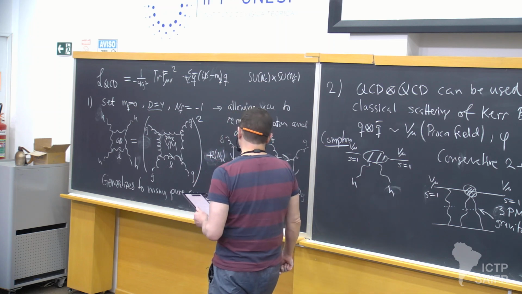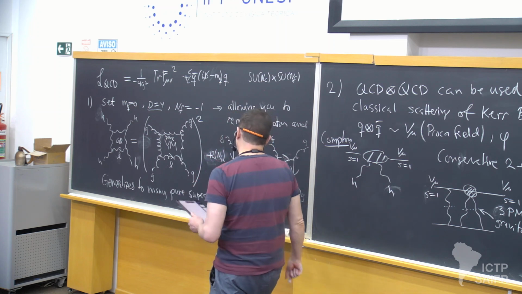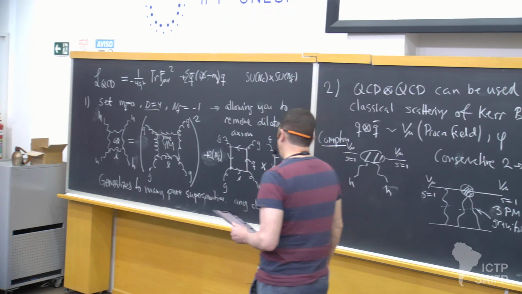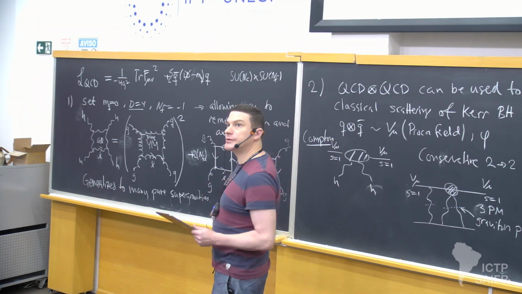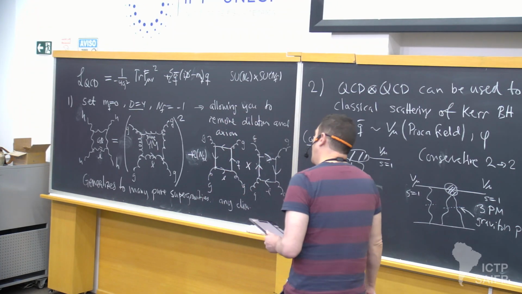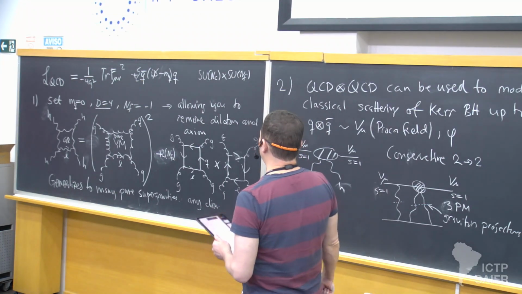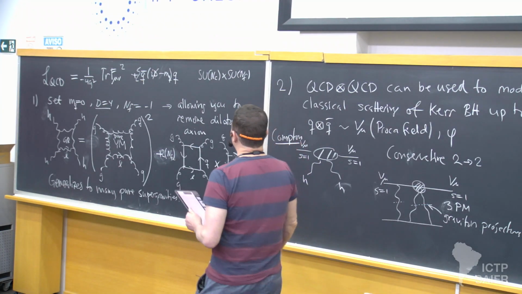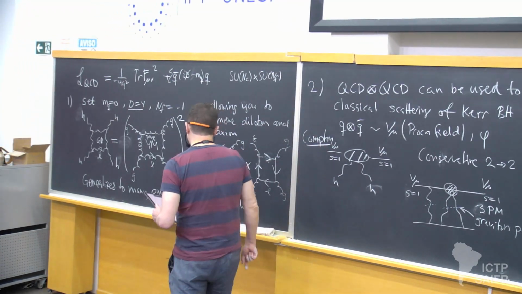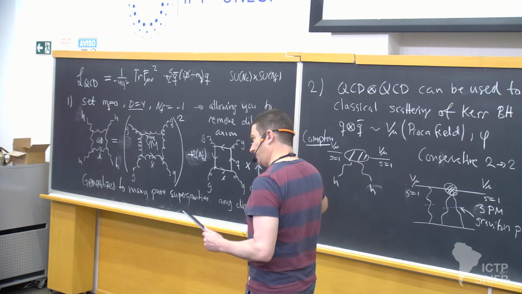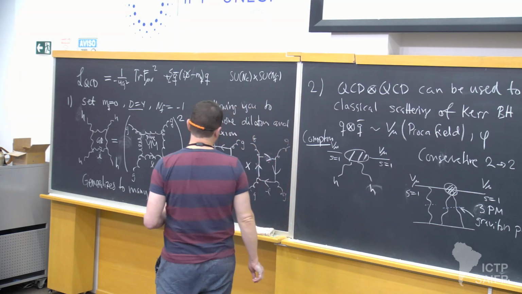Oh yeah, maybe one thing I didn't spell out is what do you do when you have quarks? How do you implement color-kinematics duality for quarks? Maybe I should have talked about that, but essentially it's straightforward. That's kind of why I forgot about it.